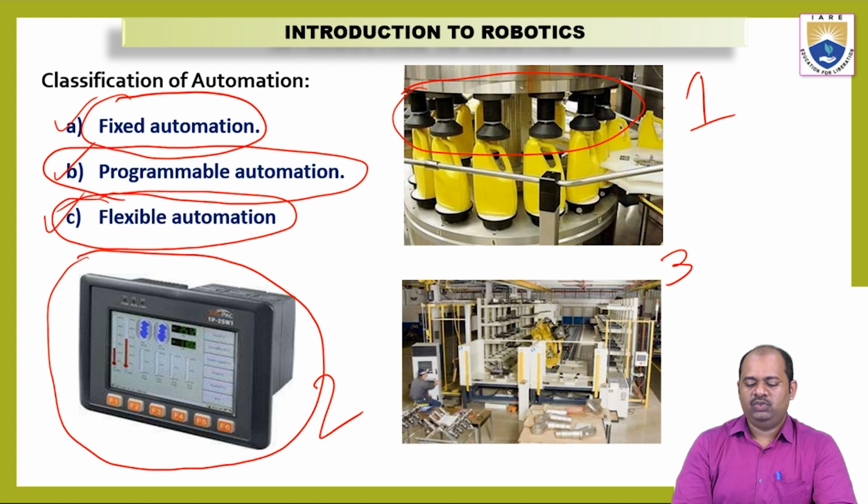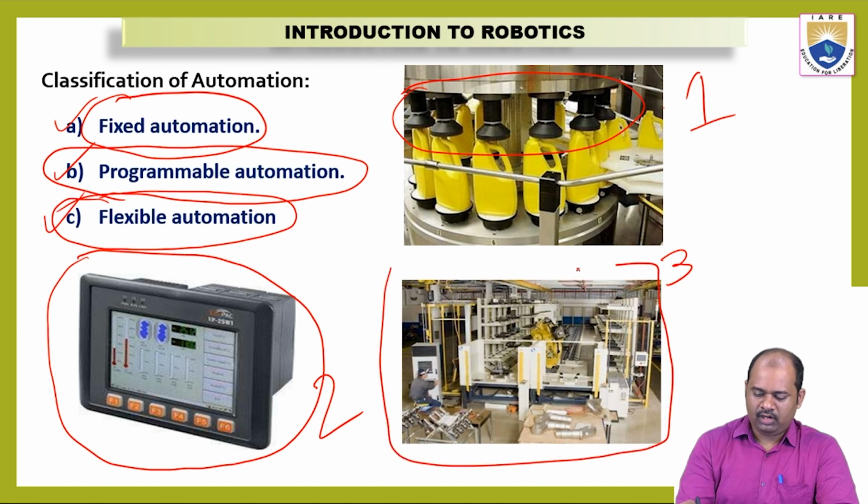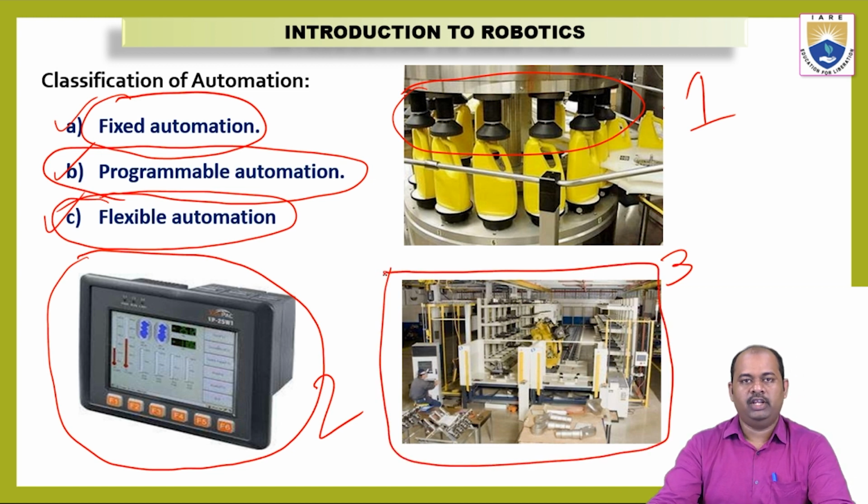They can be used for multiple operations, whereas the first two automations can be used for a single operation. In flexible automation, we can do more than one function, where we can do multiple operations like milling, drilling, threading, knurling, etc. So, the third kind of automation is called flexible automation.